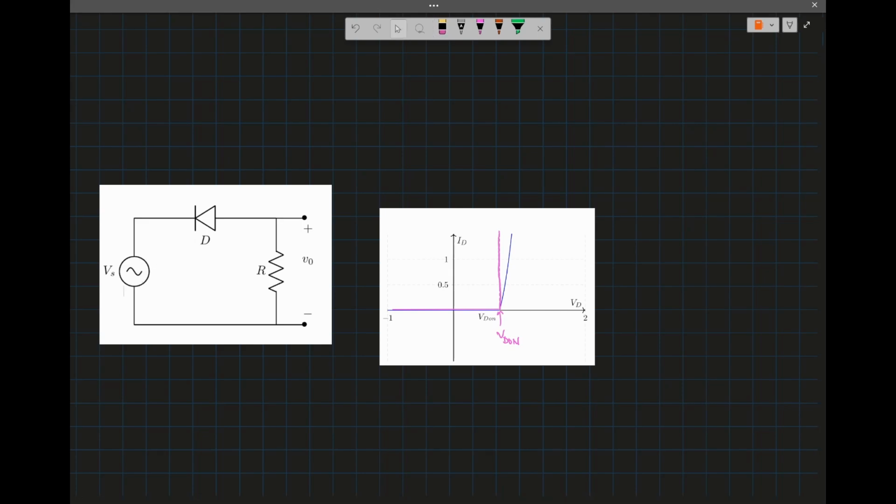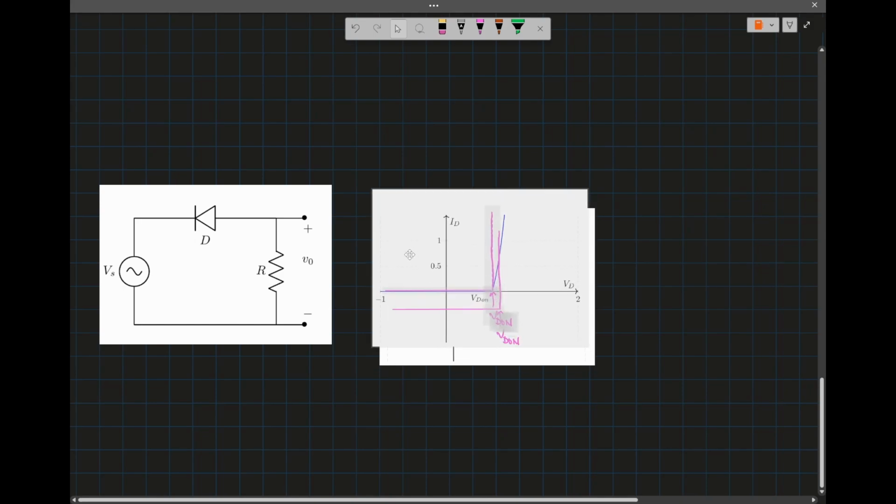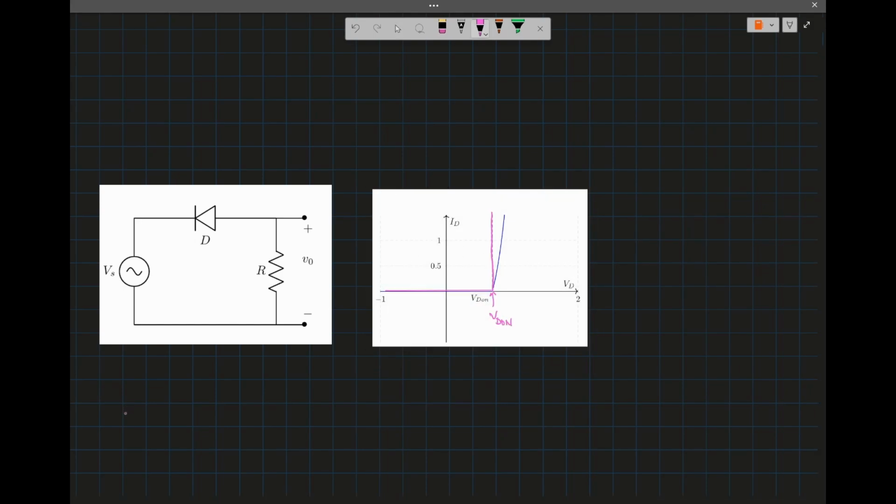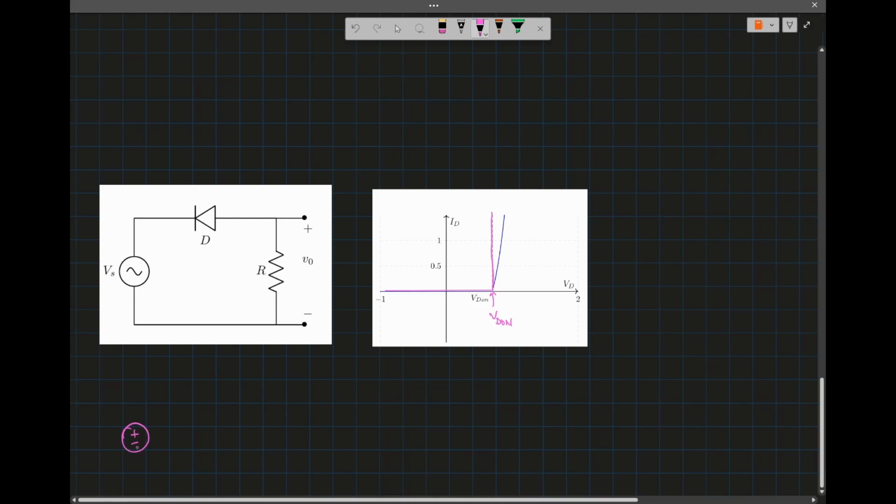It's a sine wave, so we're going to consider the positive cycle first, and then the negative cycle next. So now in this case, we're also going to assume that the diode is on.